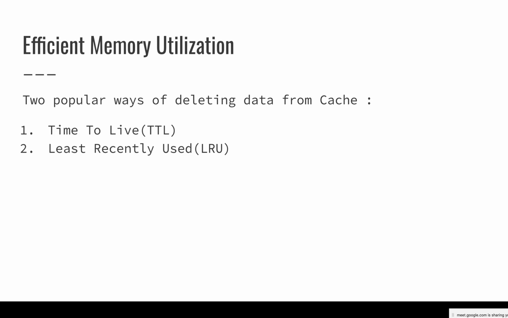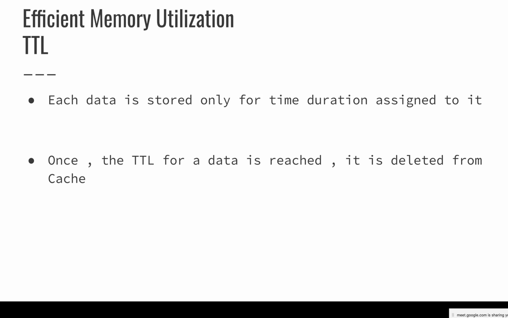First is called TTL. TTL, or time to live, simply means that when you store a particular piece of data in the cache, you assign a time to live. That is the time duration for which this particular data is going to be stored in the cache.